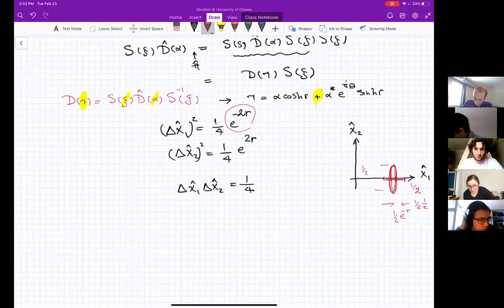It is 1 divided by 2 e to the power of r. And we call this squeezed along the x1 direction. Along x1, you are beyond the uncertainty that you expect. But along y, or let's say x2, you are expanding the uncertainty. But you are not violating it. Remember that.